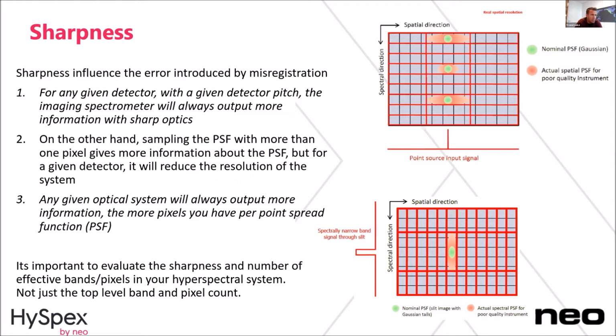So if you buy a 384 times 288 detector, that has a certain price. If you buy a 1,000 element detector, that has a 5 times higher price. So pixels cost, and you want to have as sharp pixels as possible for the few pixels you have. But it's important for the customer to evaluate and for the users to know what they actually have.